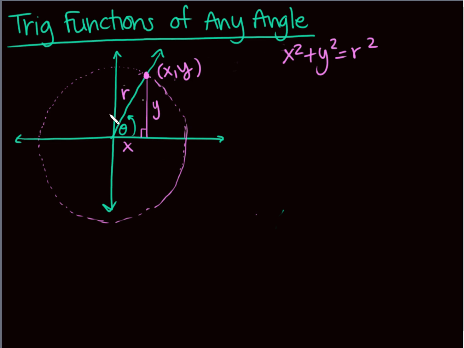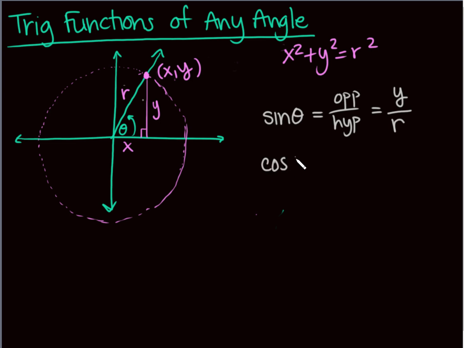So, all right, look at this. I've made my own right triangle, and based on what we have here, I can look at what my trig values would be for this angle theta. So sine of theta, based on this triangle, remember what sine is? Sine is opposite over hypotenuse. In this case, opposite is y, hypotenuse is r.